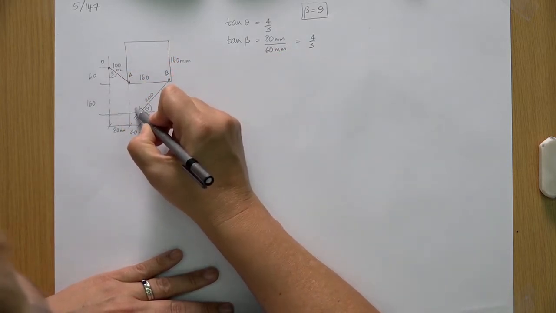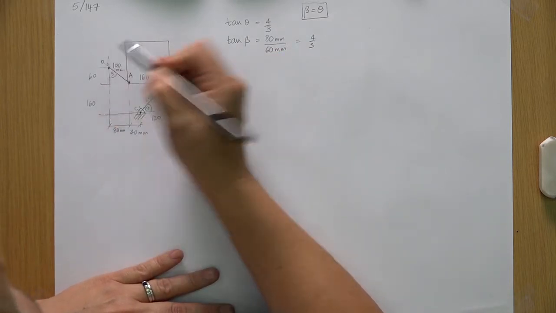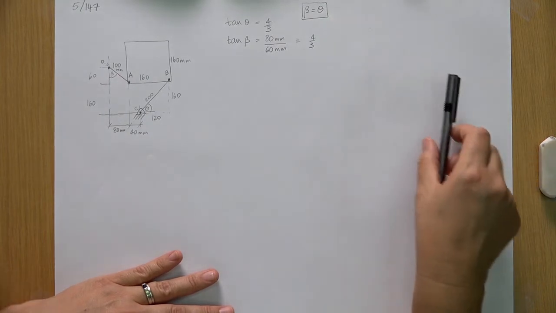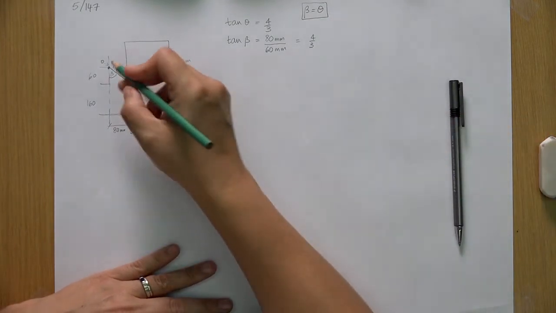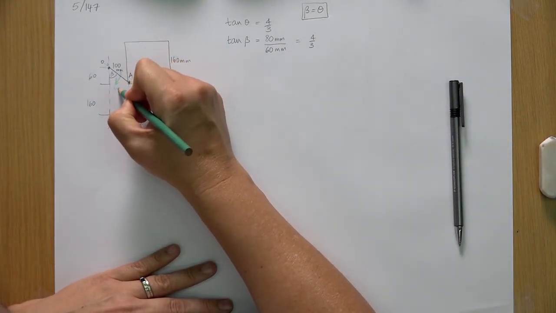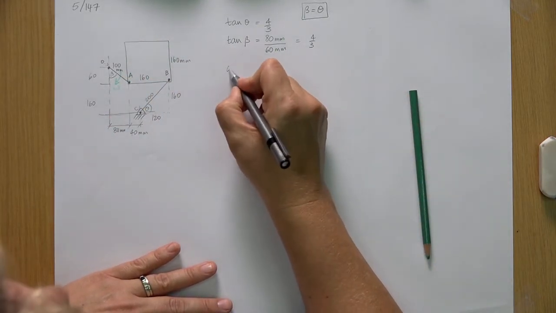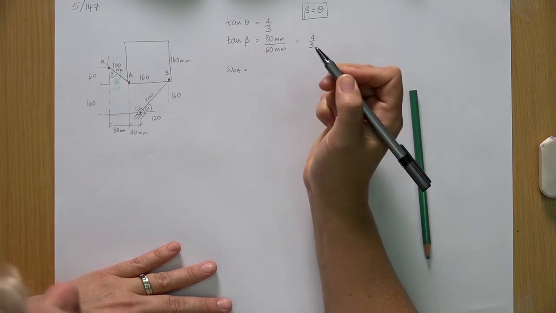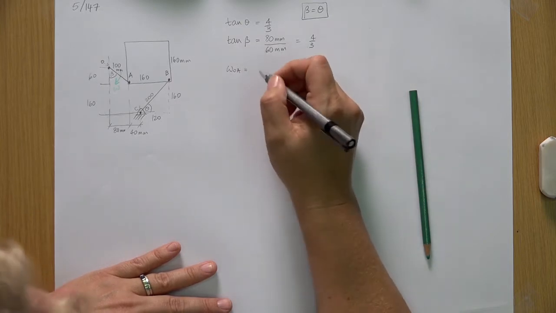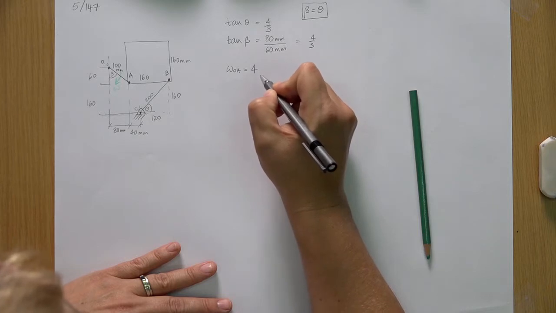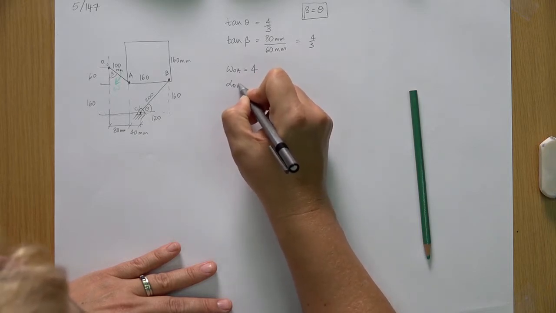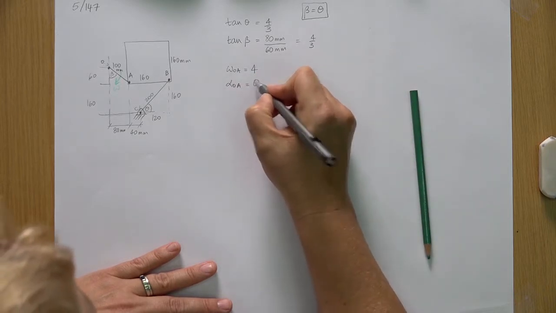So this here is point C, that there is point O. We are told that OA has, at this instant, a constant angular velocity. So omega OA equals 4. Constant means that link is not accelerating.